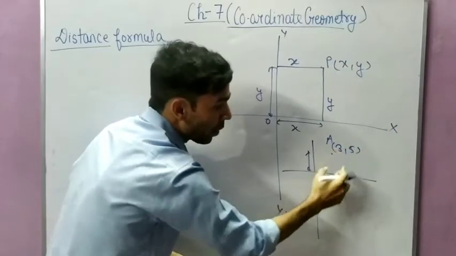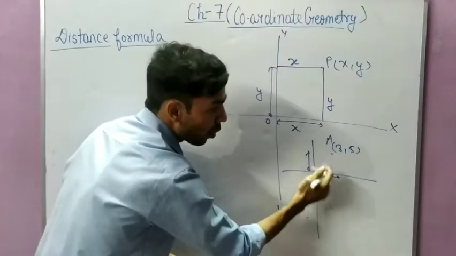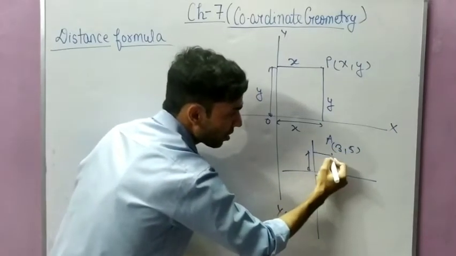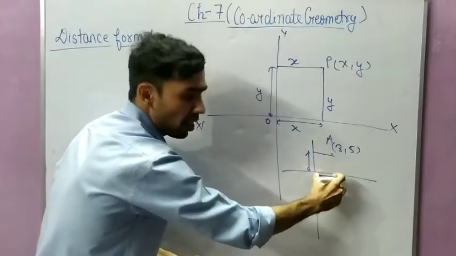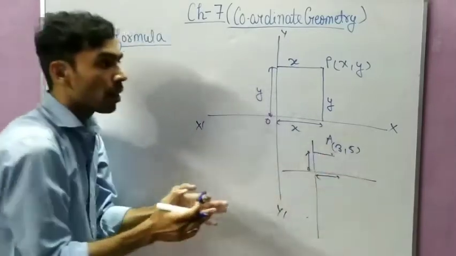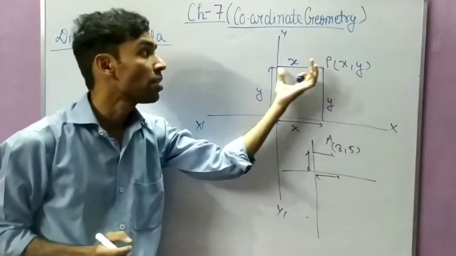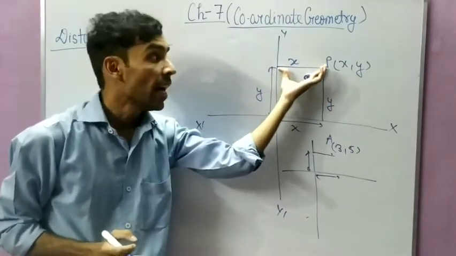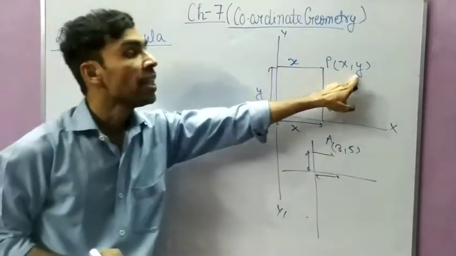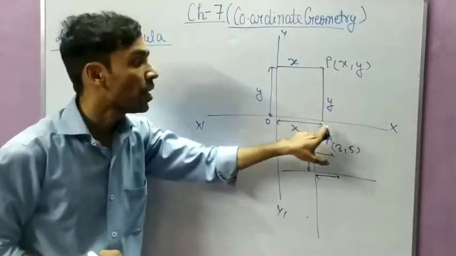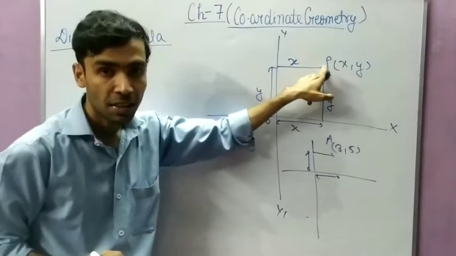When we draw this to the y-axis, this line is parallel to this line. That's why the value of abscissa is nothing but the perpendicular distance from the y-axis, and the value of ordinate is nothing but the perpendicular distance from the x-axis.